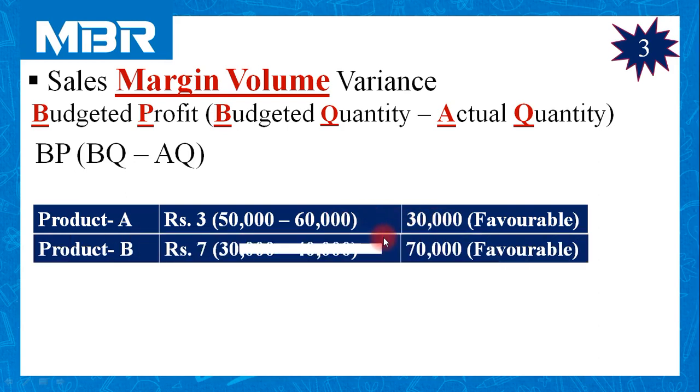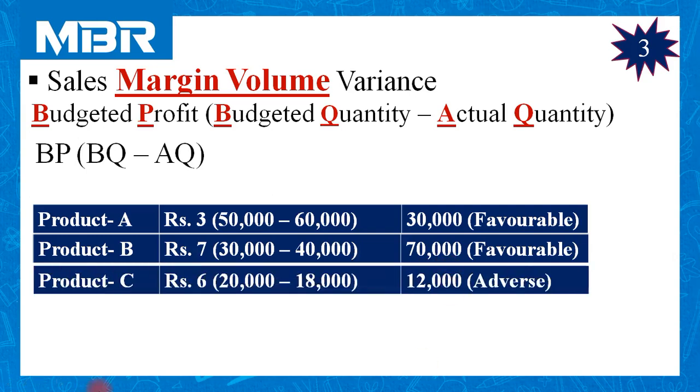So it's favorable. For product B, same situation. As compared to 30,000 units, we have sold 40,000 units. So 10,000 units sold by the company more than expectations, multiplied by rupees 7 per unit. So the result is 70,000 favorable.